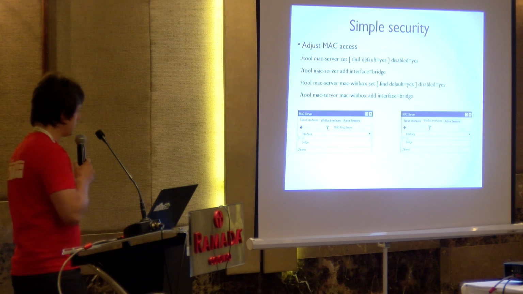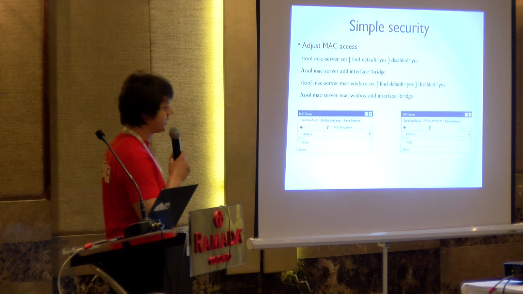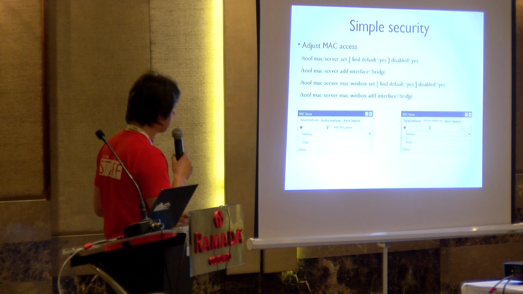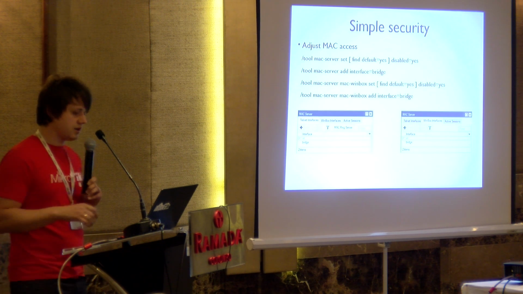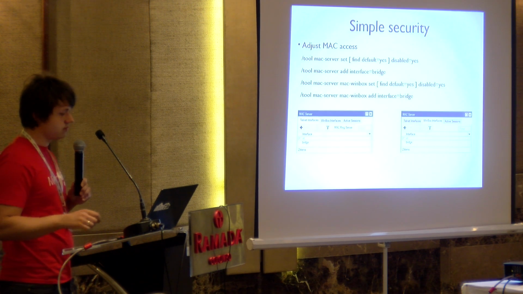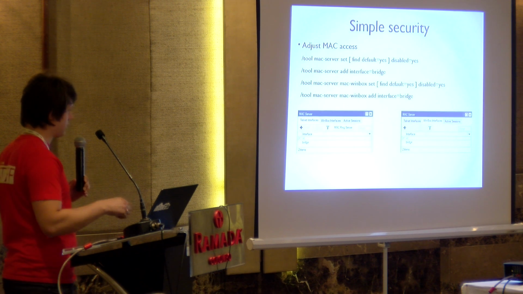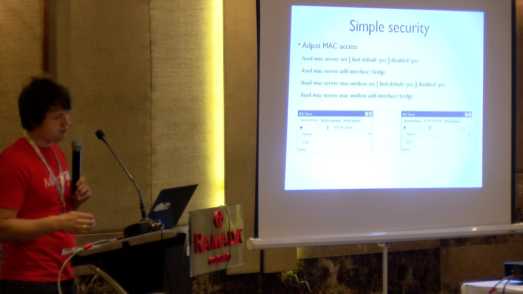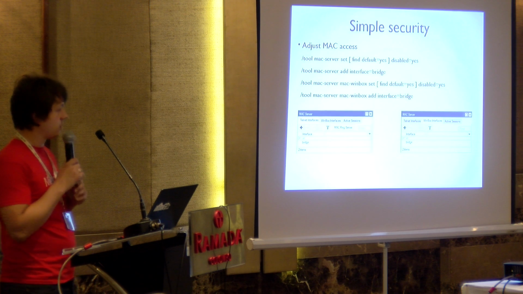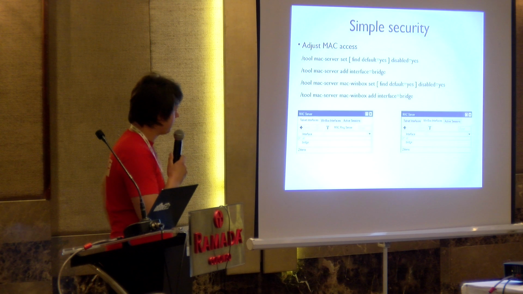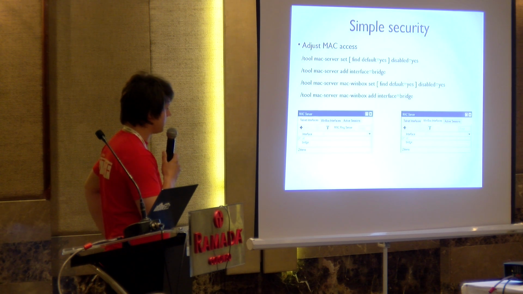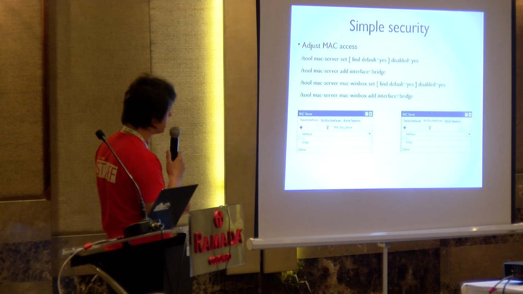You can use MAC Telnet, which is also terminal access, and you can use Winbox and just specify the MAC address of your router. This is very good for connecting if you start using RouterOS from zero without any configuration.